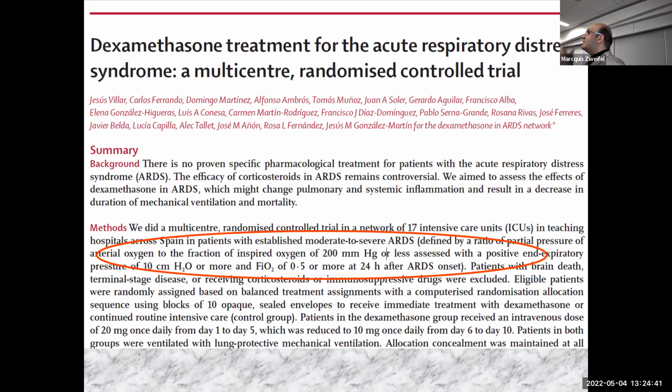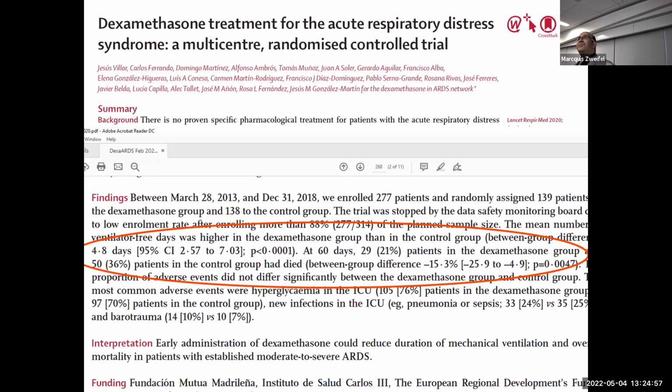Then many patients are not getting better, or from the beginning they're in the ICU, they have ARDS. We use 20 milligram for 5 days and 10 milligram for 5 days. This is coming from a study that was done in Spain, not the best study, but they used the criteria of 200 for this patient, and they showed improved mortality.